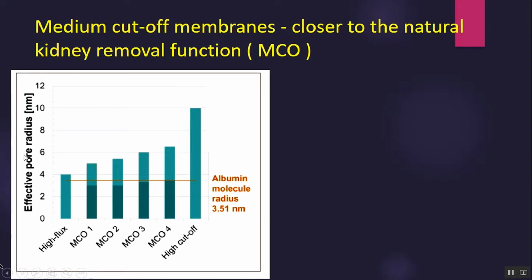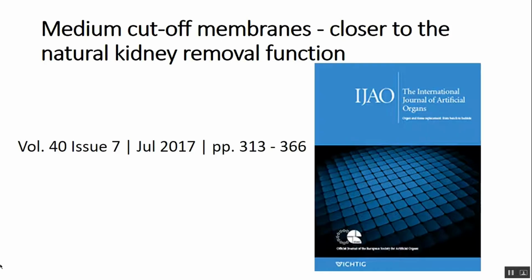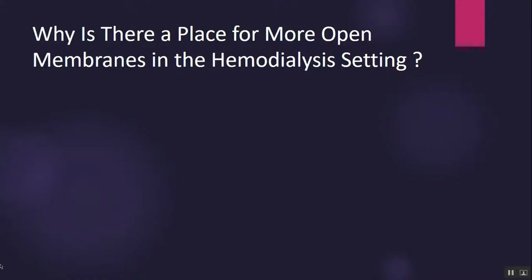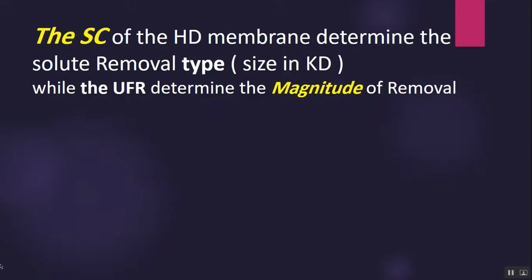There is an increase in pore diameters, and this is certainly accompanied by some more albumin loss. So the medium cut-off membrane is closer to the natural kidney removal function, removing more toxins up to 45,000 Dalton.